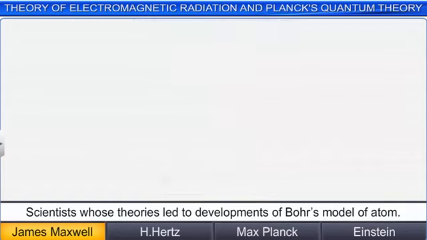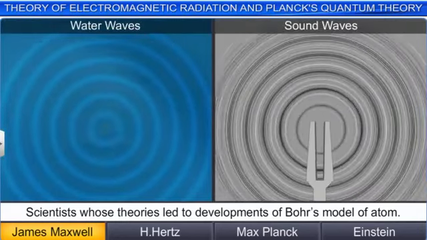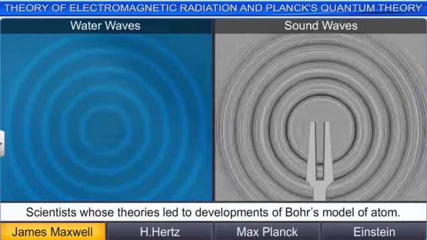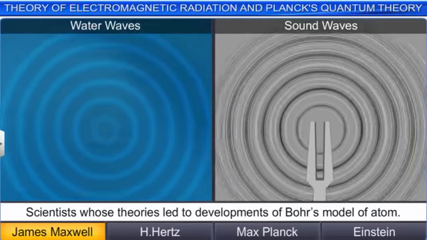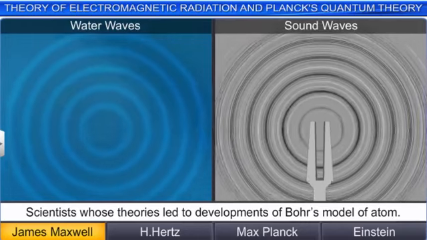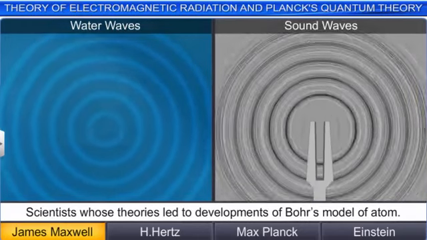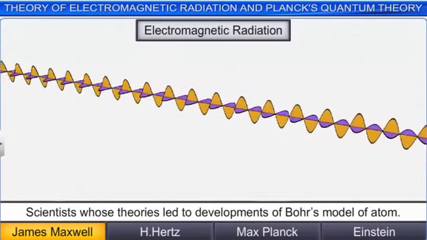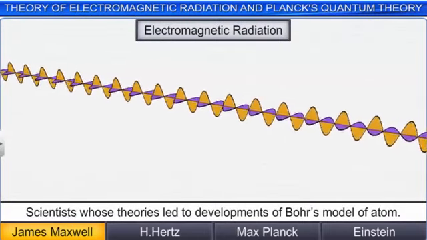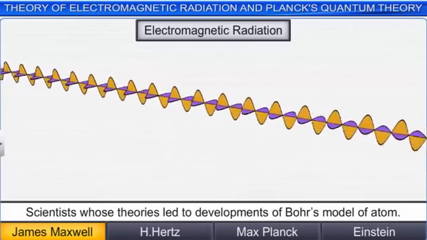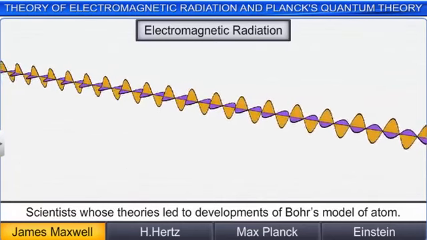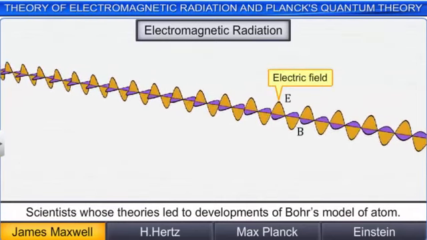Let's now understand the general characteristics of waves. An object produces a series of waves when it vibrates continuously. However, the vibratory motion of charged particles, like electrons, produce a wave train of oscillating electrical field and magnetic field.